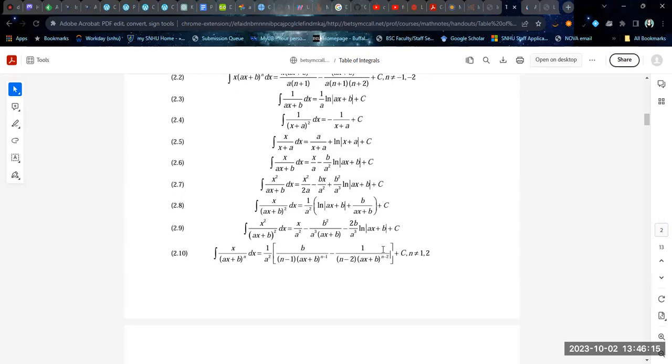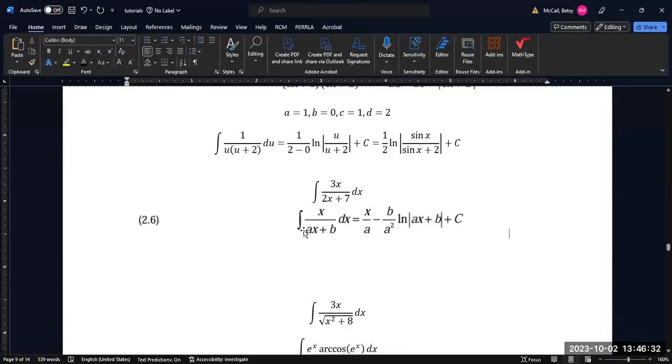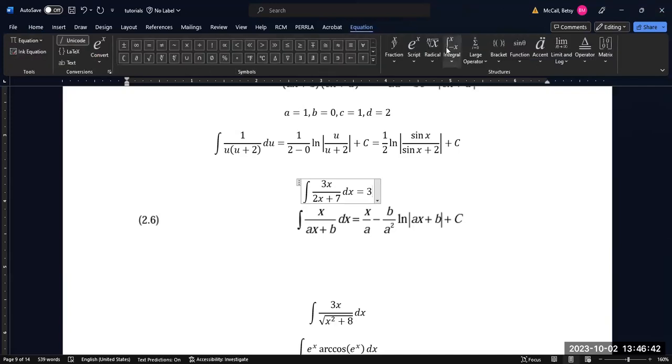So again, I'm going to grab a screenshot. And then we're going to go back to our problem. For this one, basically the only thing I need to do is pull the 3 out of my integral, leaving X over 2x plus 7.